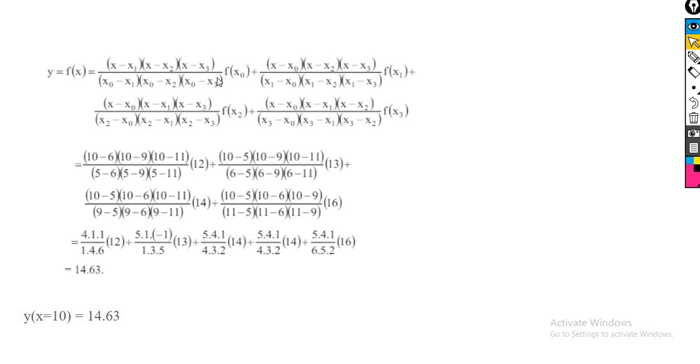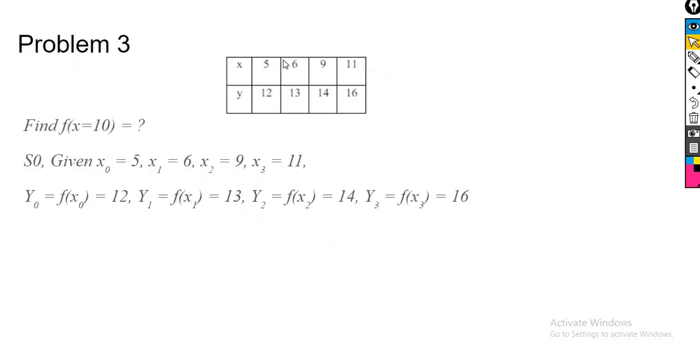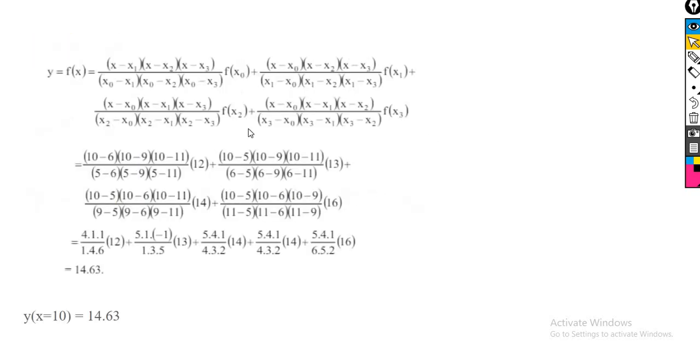So what is C0? This is x minus x1, x minus x2, x minus x3. It starts from x0, x1, x2, x3. So this is over x0 minus x1, x0 minus x2, x0 minus x3, and the function at x0. What is C1?